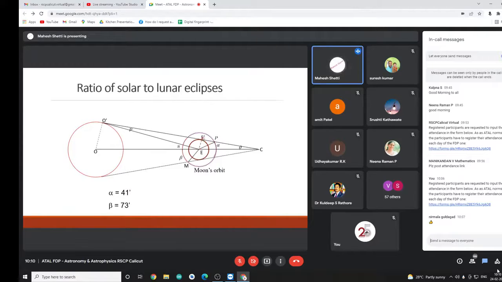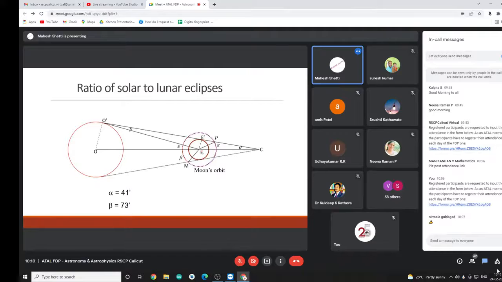It is E dash E upon EP. E dash E is nothing but the radius of the earth, and EP is the earth moon distance, the radius of the moon's orbit. So sine inverse of radius of the earth upon the distance between earth and moon will give you this particular angle E dash PE, and let's calculate that.